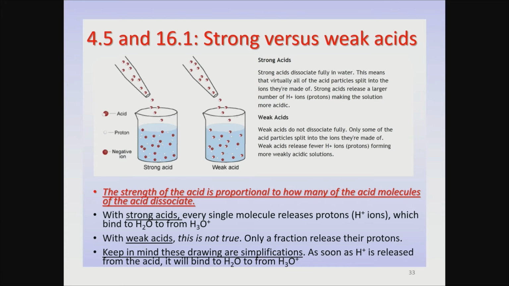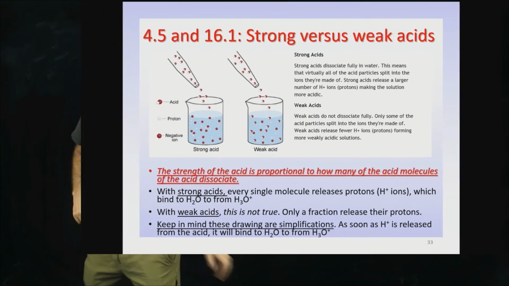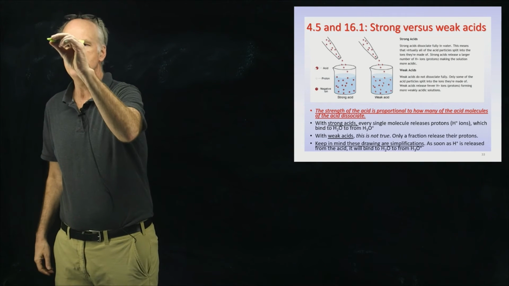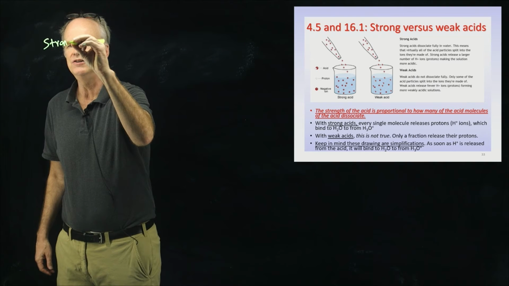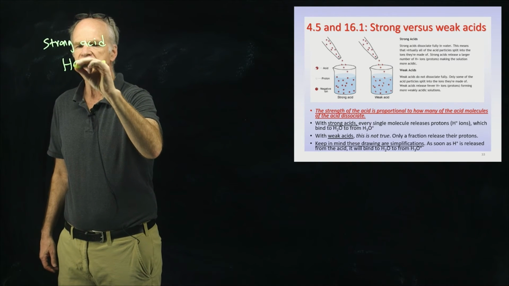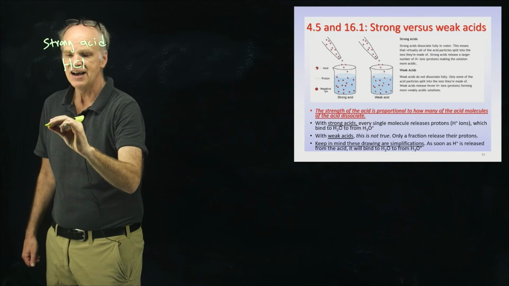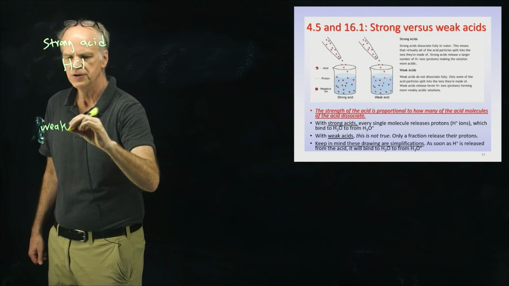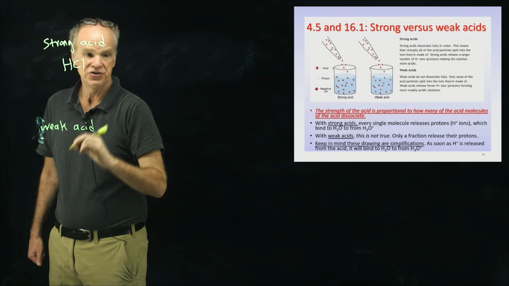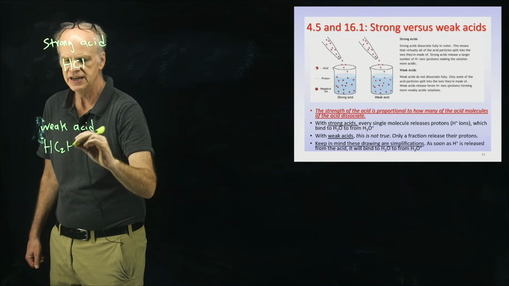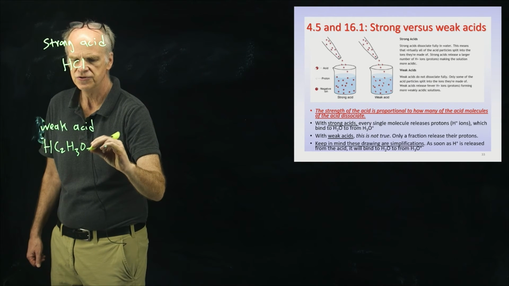and write out chemical equations for strong acids and weak acids. What we're going to be doing is comparing a chemical equation for one particular strong acid, which is HCl, and then the weak acid we're going to look at is going to be acetic acid, and its formula is HC2H3O2.